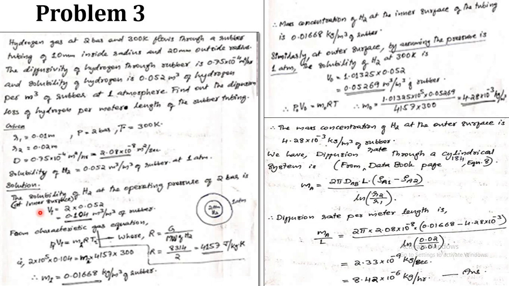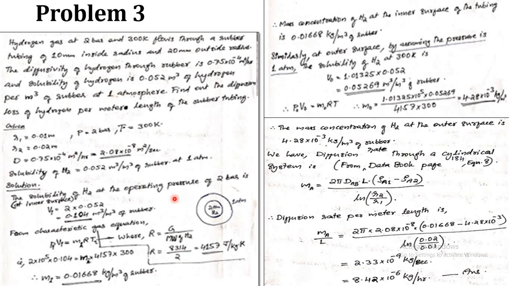The solubility of hydrogen at the operating pressure of 2 bar, we denote here with the letter V1, in the unit meter cube per meter cube of rubber.